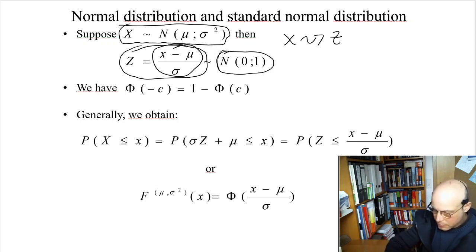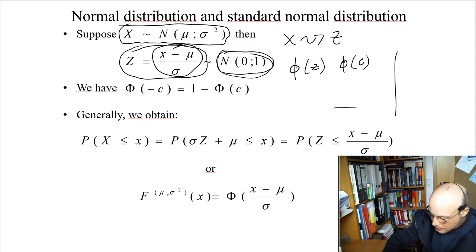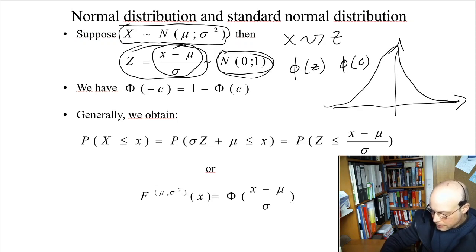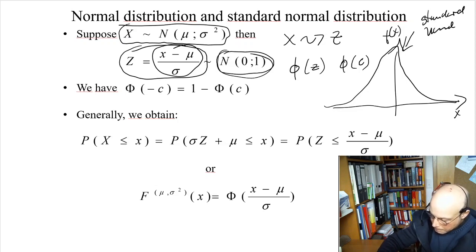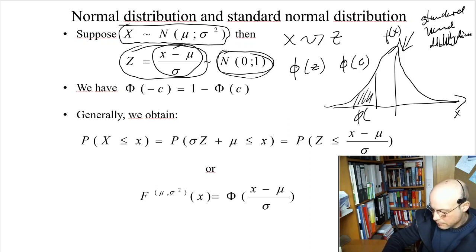And this distribution function is often called phi of z. And since this is symmetric around 0, the standard normal distribution, we would have that this area is just phi of c.